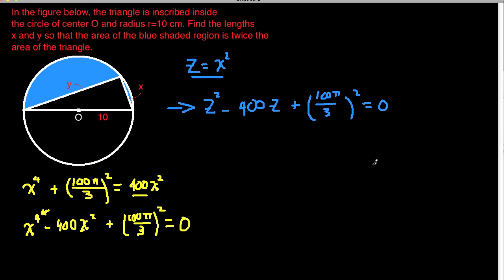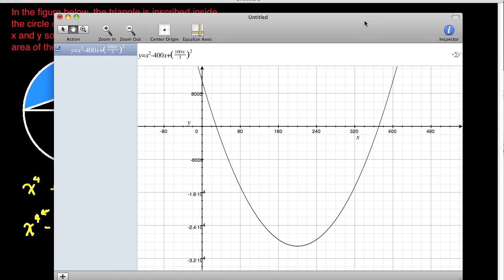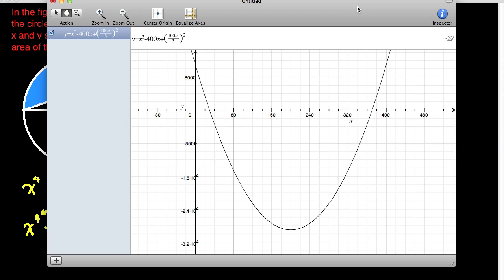I plotted this equation on my graphing calculator. Let me show you what that looks like. So here's a plot of the equation on the graphing calculator. Notice, by the way, the scale on the y-axis: this is plus 8,000, this is negative 8,000. The scale goes to large numbers very quickly.